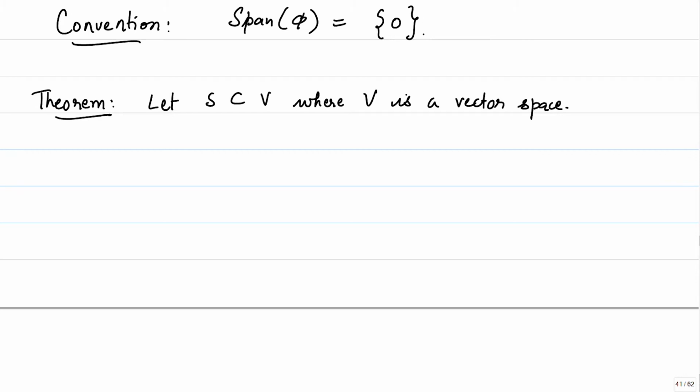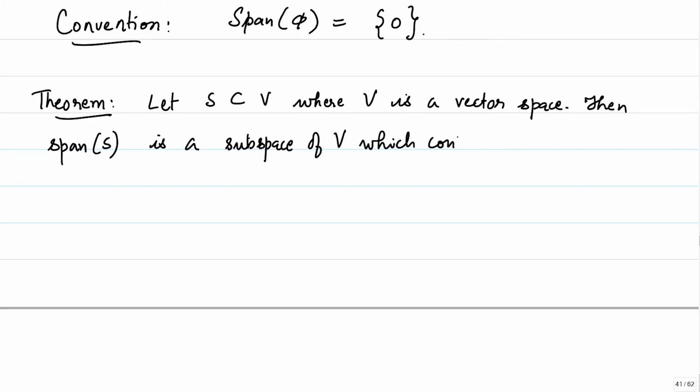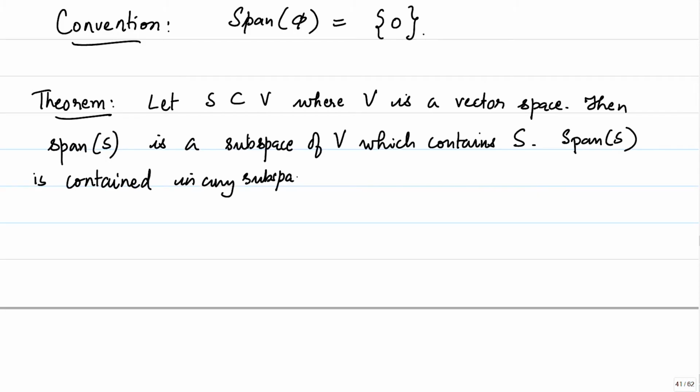Then span of S is a subspace of V which contains S. Moreover, if W is any other subspace which contains S, then span of S is contained in W. Span of S is contained in any subspace of V which contains S.